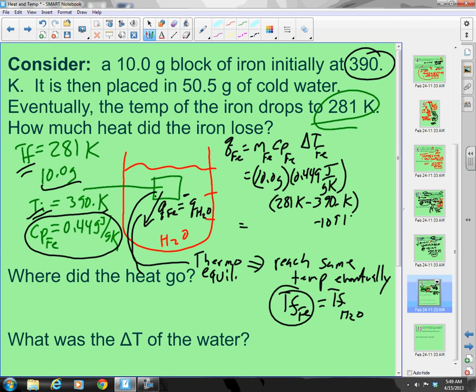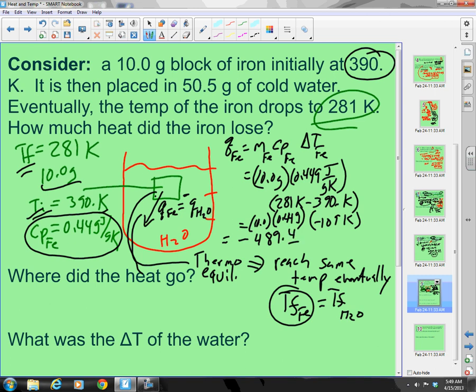Times 10.0 times 0.449. Good, so let's run that out. Times 10 times 0.449, and I get a negative 489, I think we can carry one more fig here.